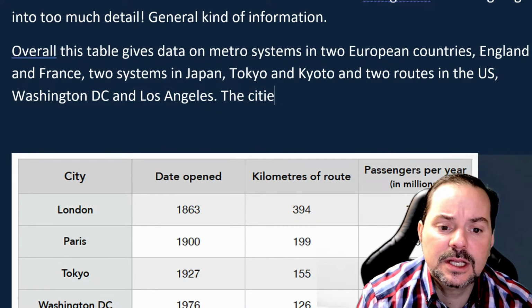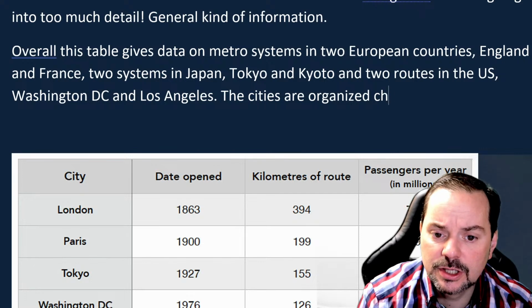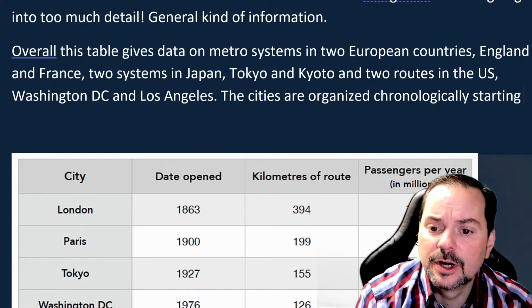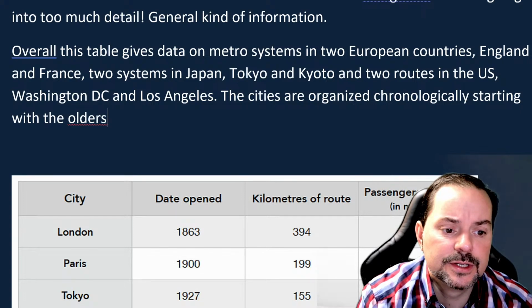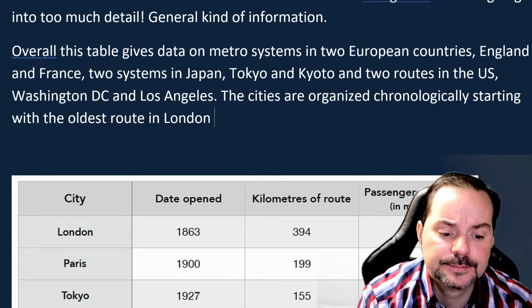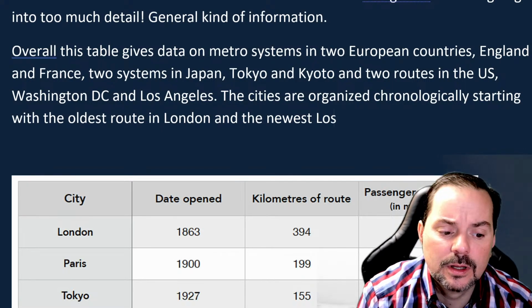The cities are organized chronologically, starting with the oldest route in London, and the newest, Los Angeles.